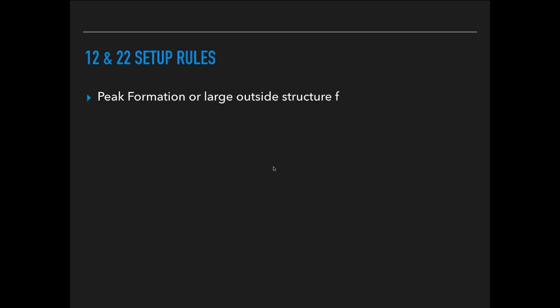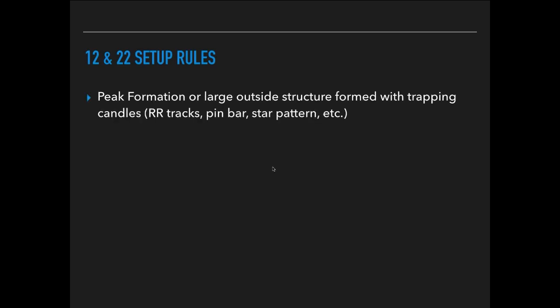Now let's talk about the rules for these setups. There should be a peak formation or large outside structure formed with trapping candles. So you're going to see something like railroad tracks, a pin bar, or a star pattern, evening star, morning star, something like that. That'll form the outside structure of the peak formation.